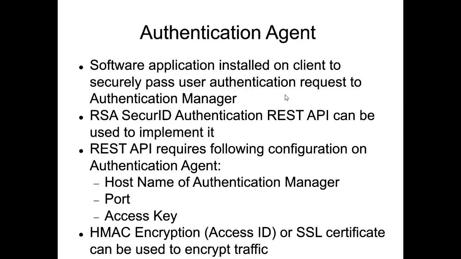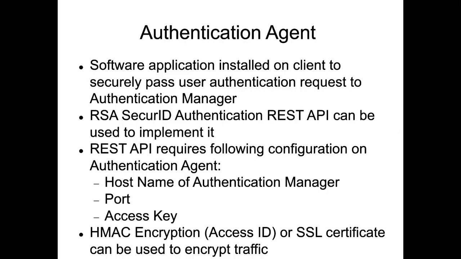So the second important part of the RSA Secure ID system is the authentication agent. It is a software application which is installed on a client machine, and the client machine could be your laptop, any other system, a switch, a router, a firewall, or a website.